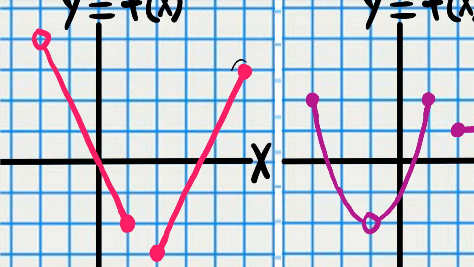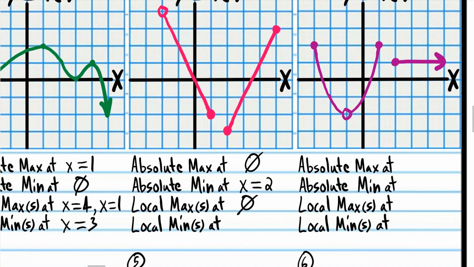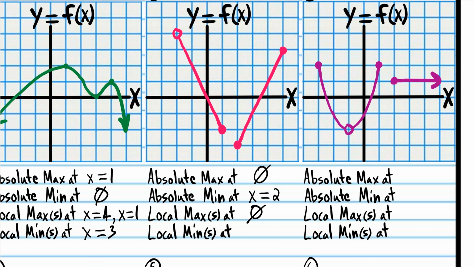But in this case, when you have a point that's an endpoint of some finite interval, we have points to the left of that point that have smaller y values, but we don't have points to the right of that point that have smaller y values. So this endpoint is actually considered to not be a local maximum value. And again, I know what you're going to say. You're going to say that's just weird. But that's just the way that mathematicians define things.